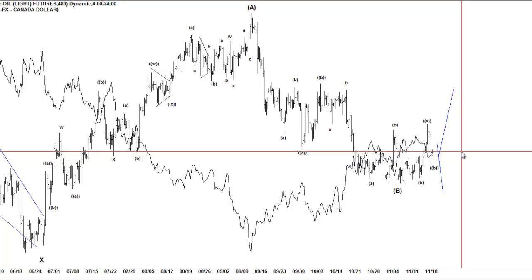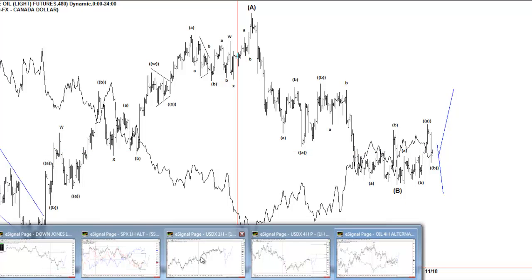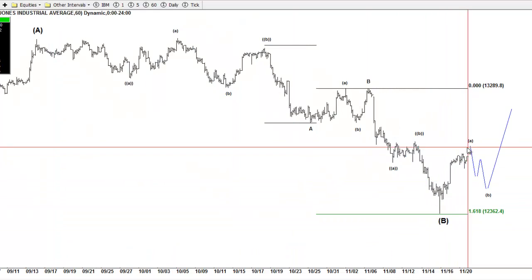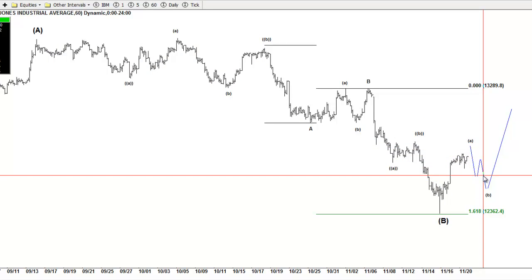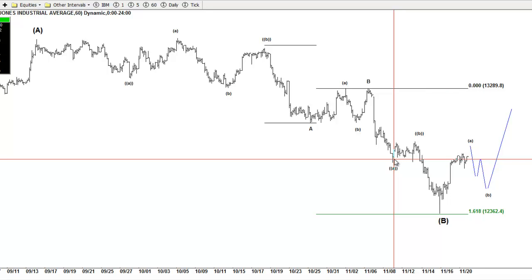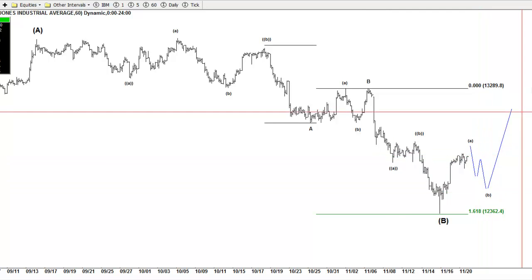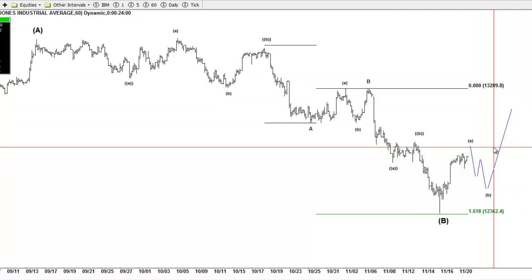Let's see if we are not wrong, but we may get some sort of risk off, because if the S&P or the Dow is showing 5 waves, we should see a pullback in risk, and after that we're going to be able to see another rally. So some sort of pullback in risk can happen sometime tonight, but then we can have a powerful move to the upside in risk after.